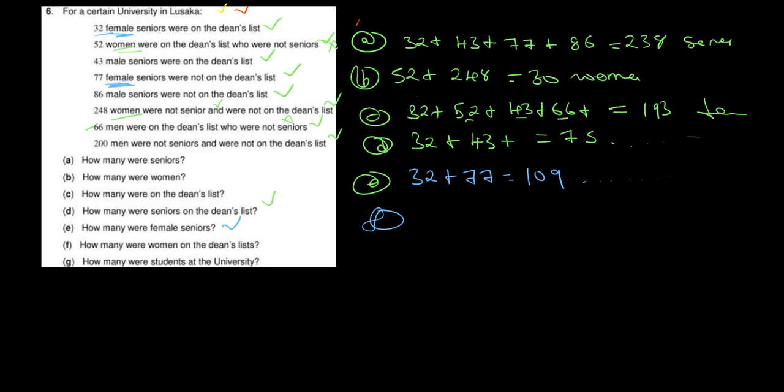Women is mentioned here, 52. Where else is women mentioned? Women is mentioned there also, that is 248. Once you add those ones, they are giving you what?